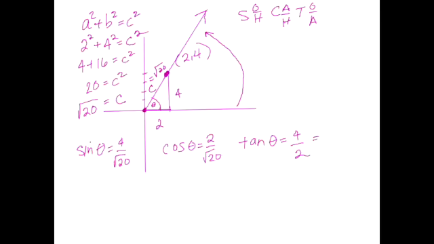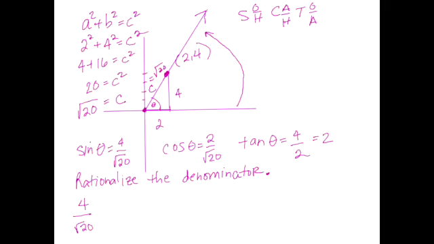So now my goal is to simplify and rationalize the 4 over square root of 20 and the 2 over square root of 20. And this is called rationalize the denominator. The reason we rationalize the denominator is because it is not proper for us to leave a radical sign in the denominator. Mathematically, it is correct, but it is not proper.